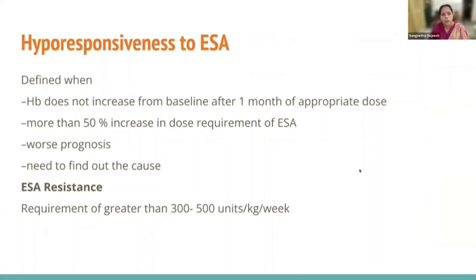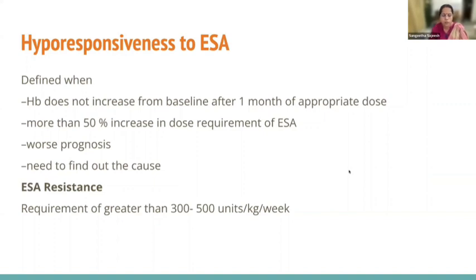Then hyporesponsiveness to ESA is one thing. What we expect with erythropoietin stimulating agents is that within a month there should be a significant increase in hemoglobin level. But what is hyporesponsiveness? It's defined as hemoglobin not increasing from baseline after 1 month of appropriate dose, and we have to increase the dose requirement of ESA by more than 50%.